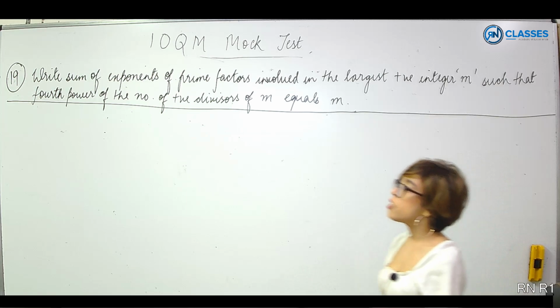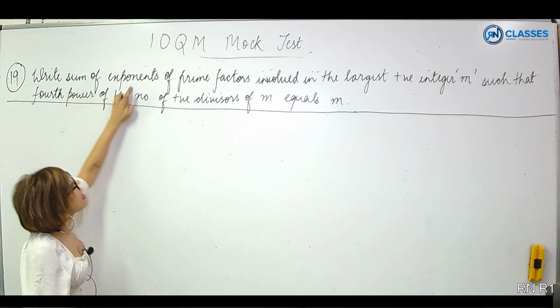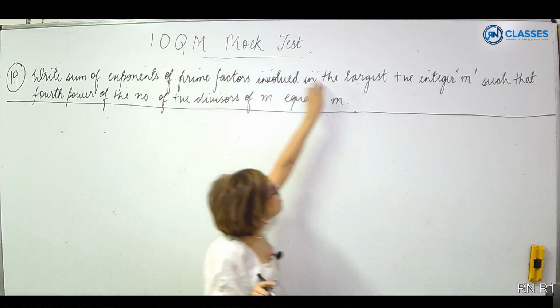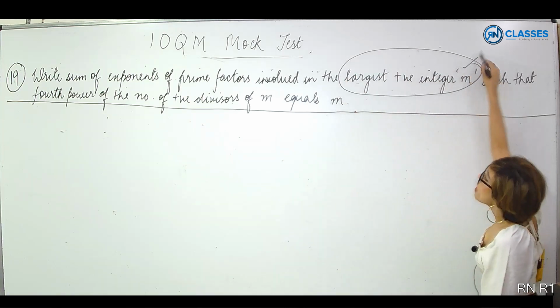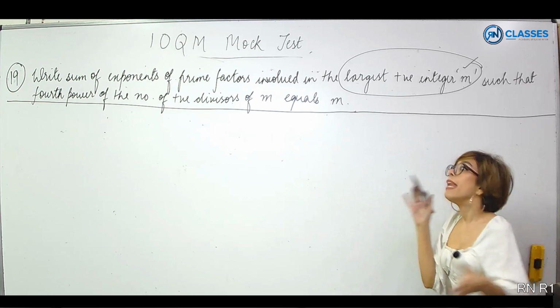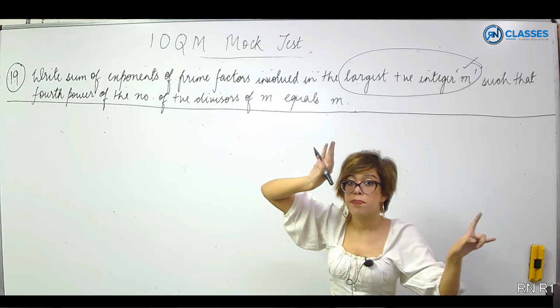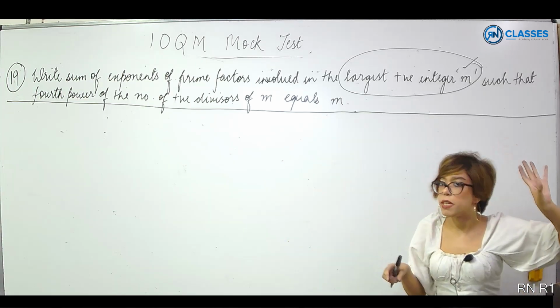Alright. Let's move on to the next one. Now, he says, write the sum of exponents of prime factors involved in the largest positive integer m. Right? So whatever m is, it has to be the largest one. And I need to write the sum of exponents of prime factors. That means if I prime factorize m, I need to write the sum of the exponents.